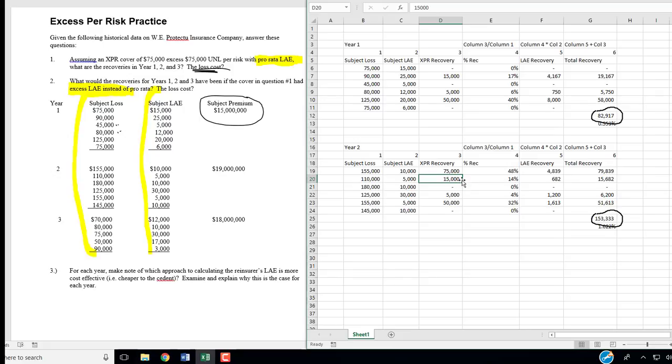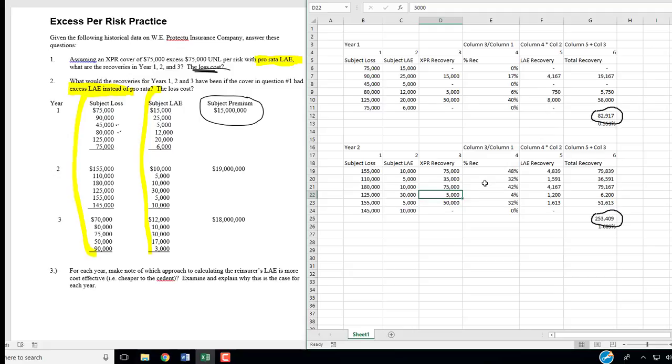The next loss was 110,000, which does not exceed 150, but minus the retention of 75,000 is 35,000, and 180,000 does exceed the 150. So we know that we're going to max out at 75,000.